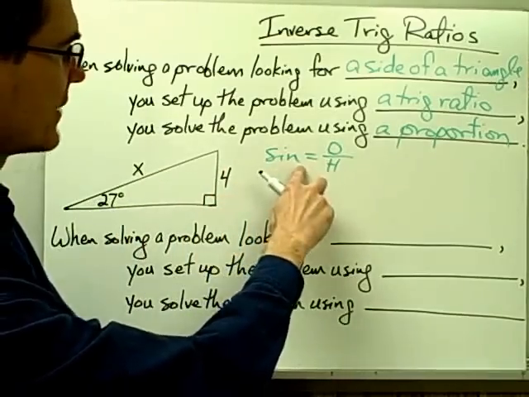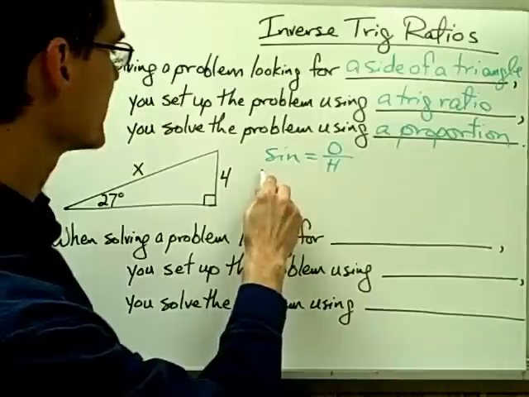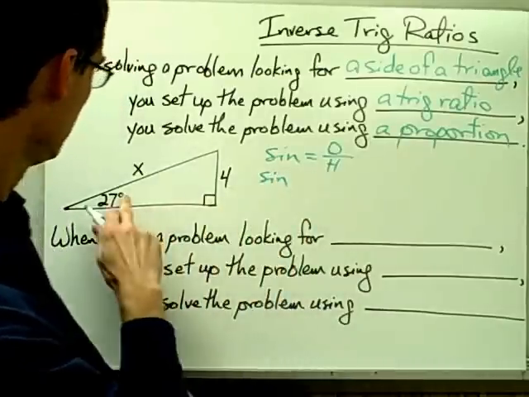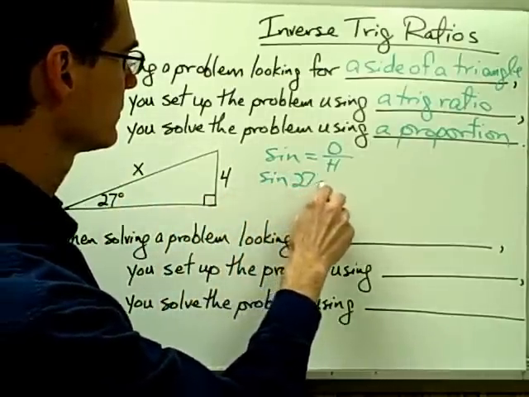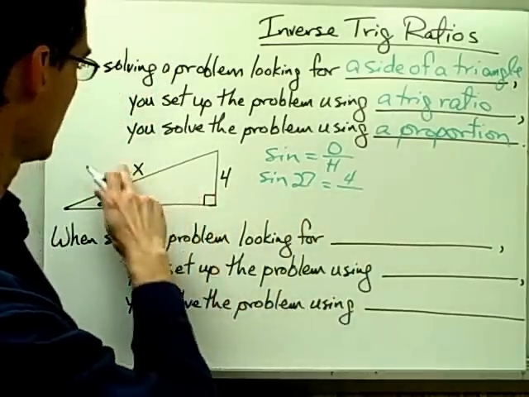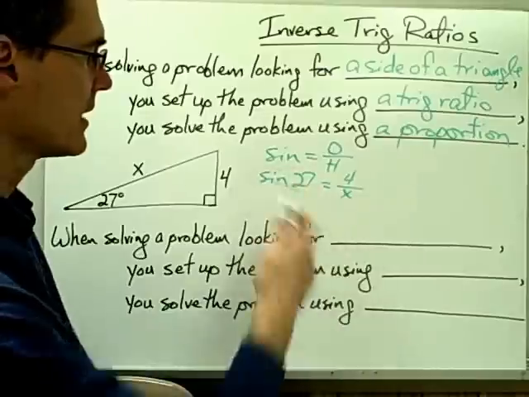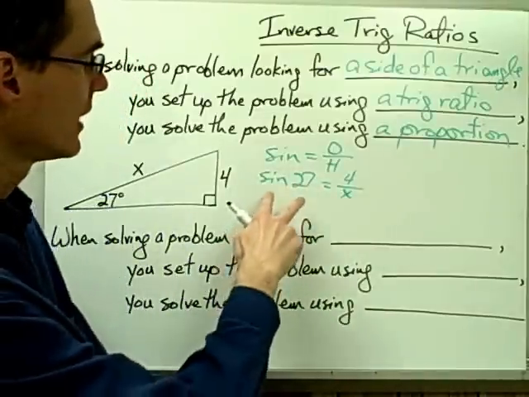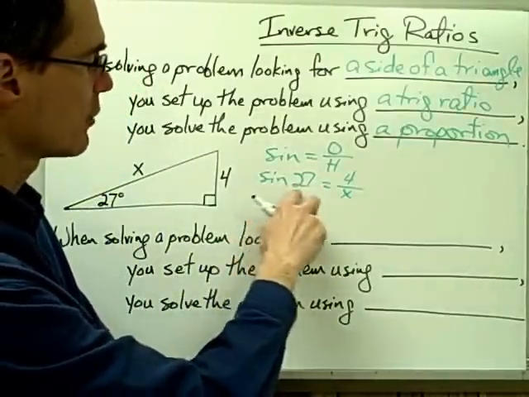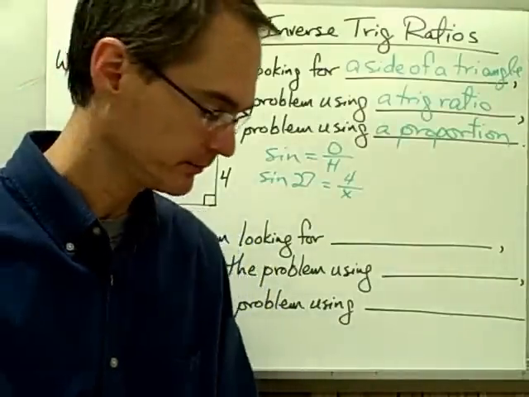So I write this down, and then I need to fill in the information that I have for this particular triangle. So the sine of what angle, 27, equals opposite is 4, and hypotenuse is x. So now I have an equation that I can solve, and the next thing I want to do is calculate the value of sine 27 using my calculator.